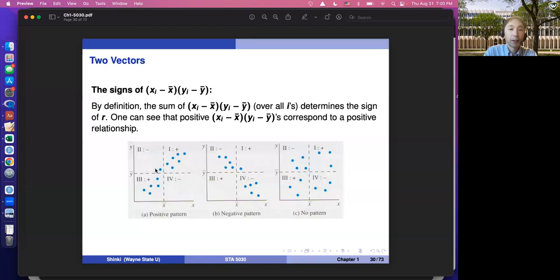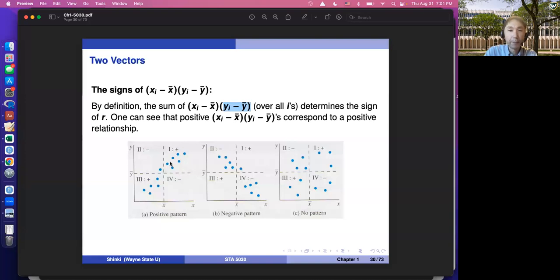Why? Because the correlation coefficient is basically a summation of this term: xi minus x bar times yi minus y bar. Xi minus x bar is basically the signed distance from x bar. The baseline is x bar, and we see the difference between the x value and x bar. And yi minus y bar, the same thing. If there is a positive relationship between x and y, most observations are in region 1 and region 3.